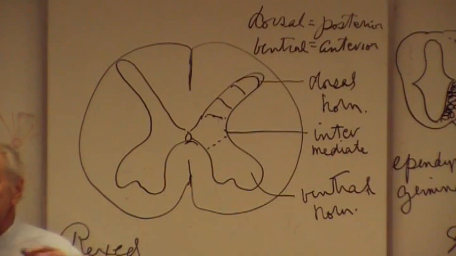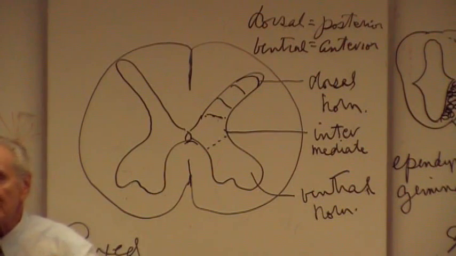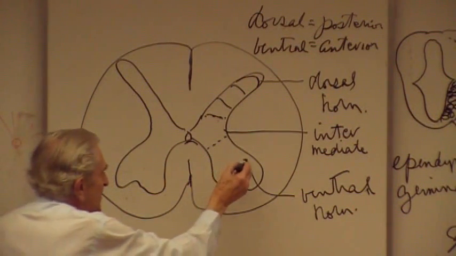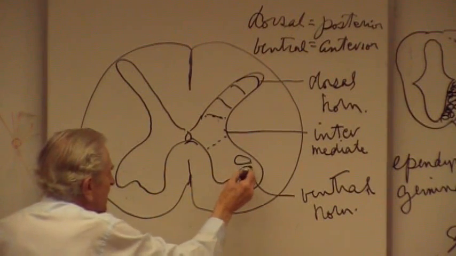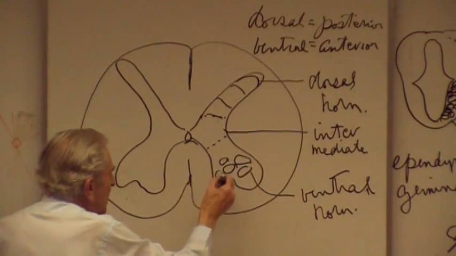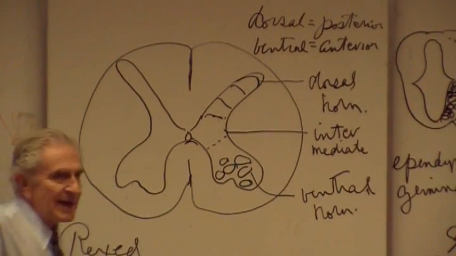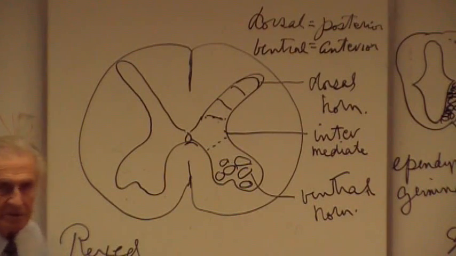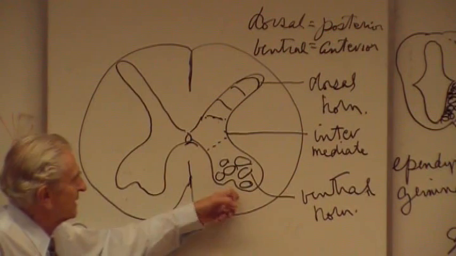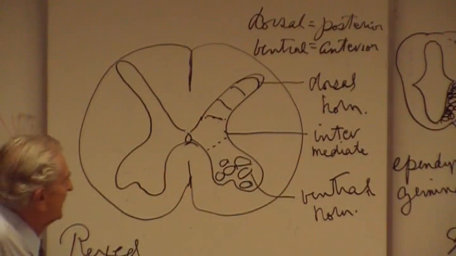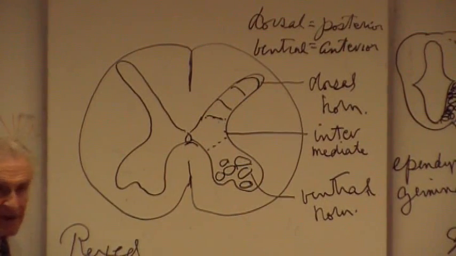They are interneurons. They handle both motor and sensory inputs and send them to various other levels of the spinal cord. We'll talk about those briefly. And down here, actually making up layer 9, are a group of motor neurons, motor neuron pools, that actually send their axons out to the muscles to be innervated. It's from down here that the spinal cord does its actual work. So that's sort of a brief look at the gray matter of the spinal cord.